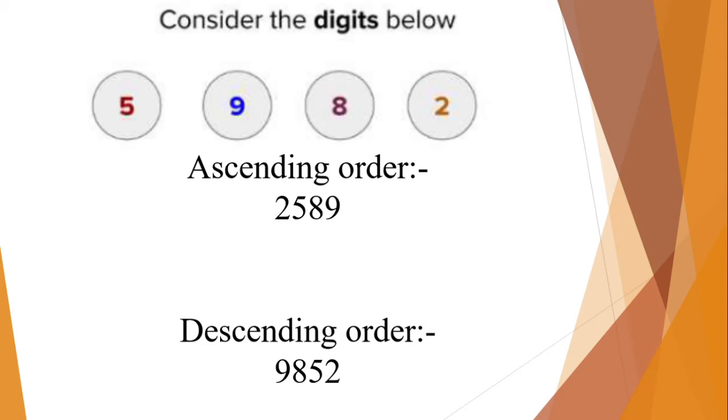So we have another example. We have the digits 5, 9, 8 and 2. We should arrange them in ascending order and in descending order. The ascending order will be 2, 5, 8, 9. How?